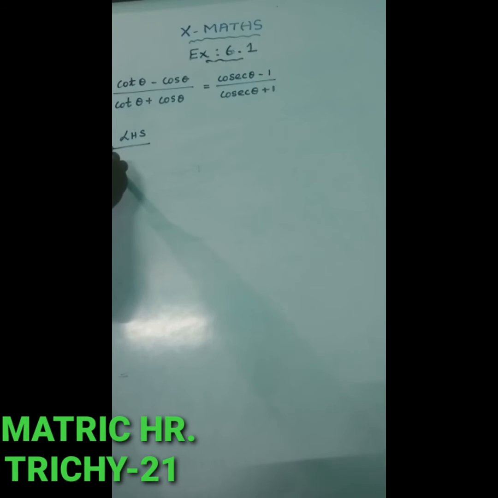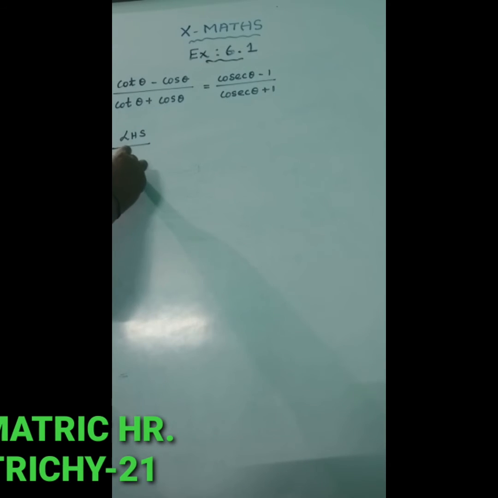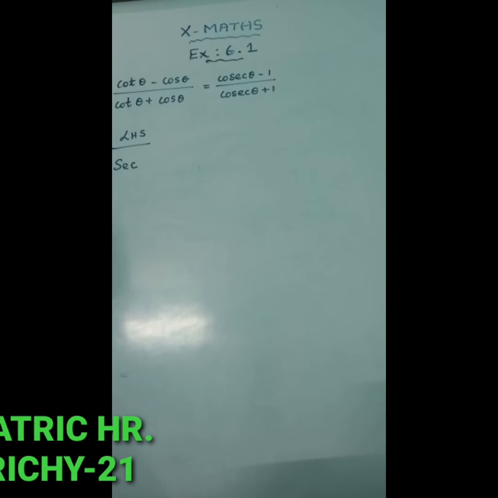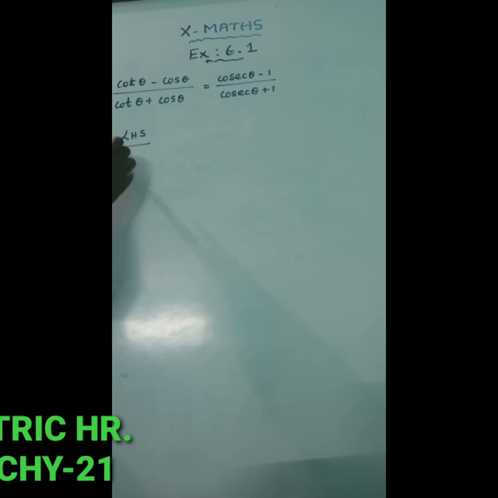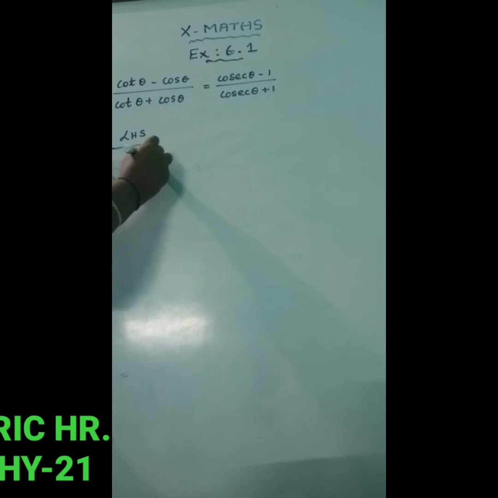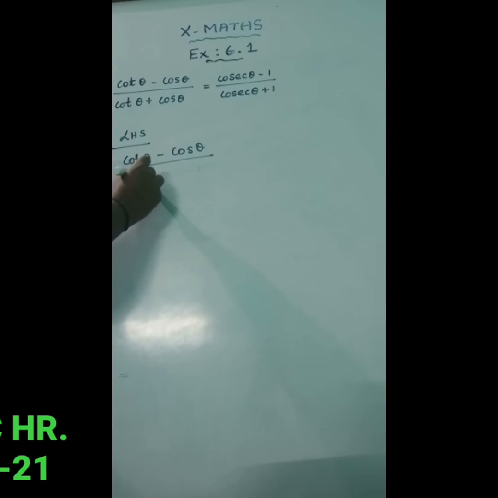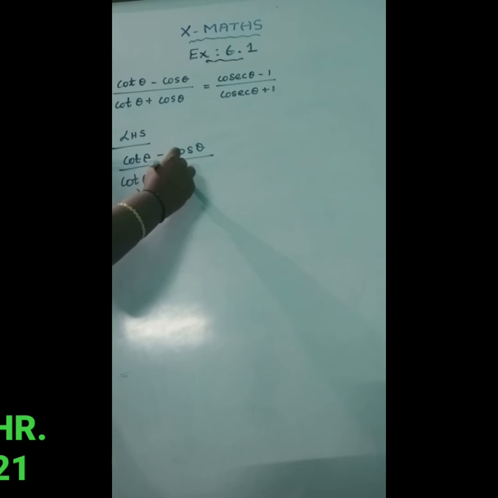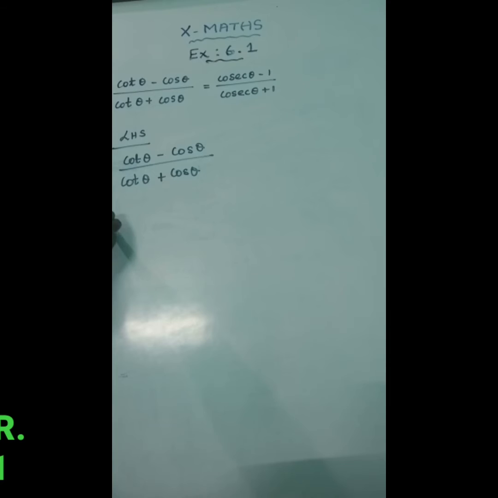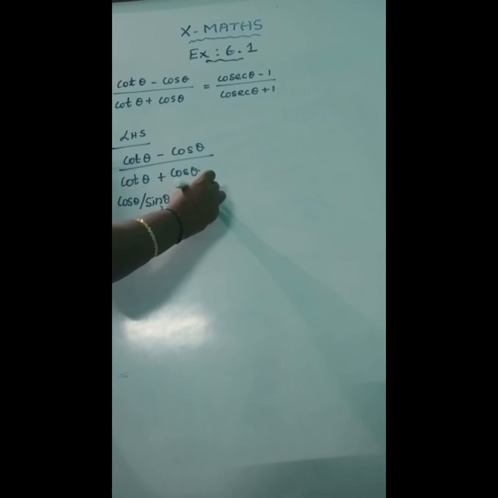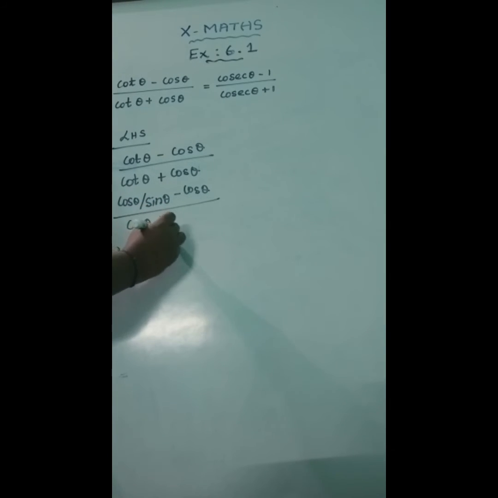In the left hand side we have cot theta minus cos theta divided by cot theta plus cos theta. That is, cot theta we write as cos theta divided by sin theta, minus cos theta, whole divided by cos theta divided by sin theta plus cos theta.